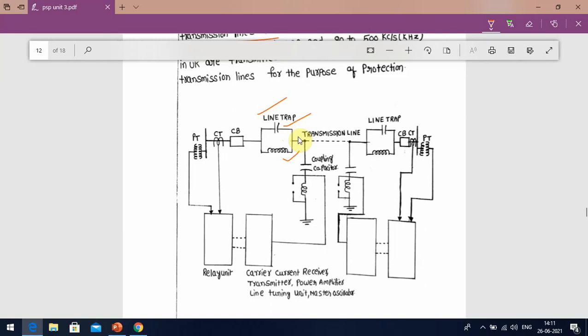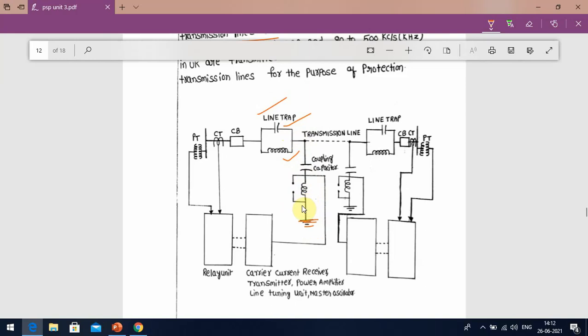Next one is protection and earthing of coupling equipment.